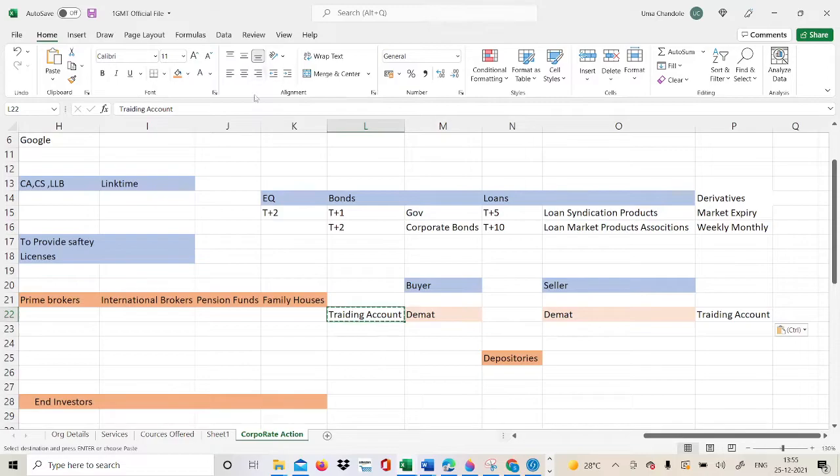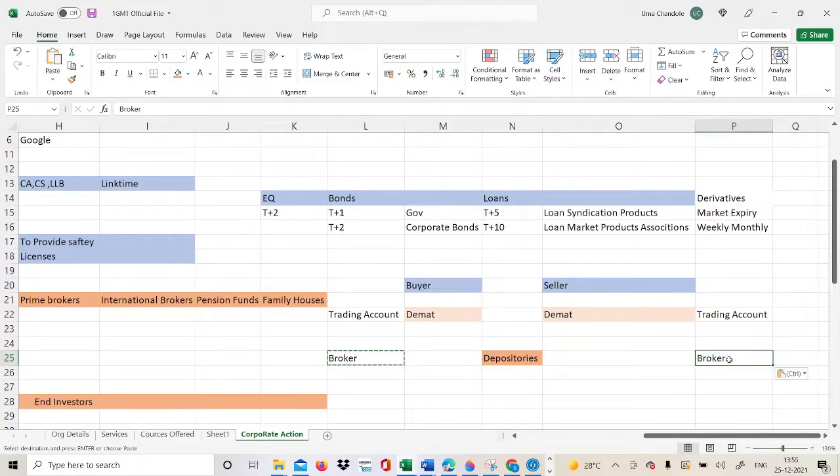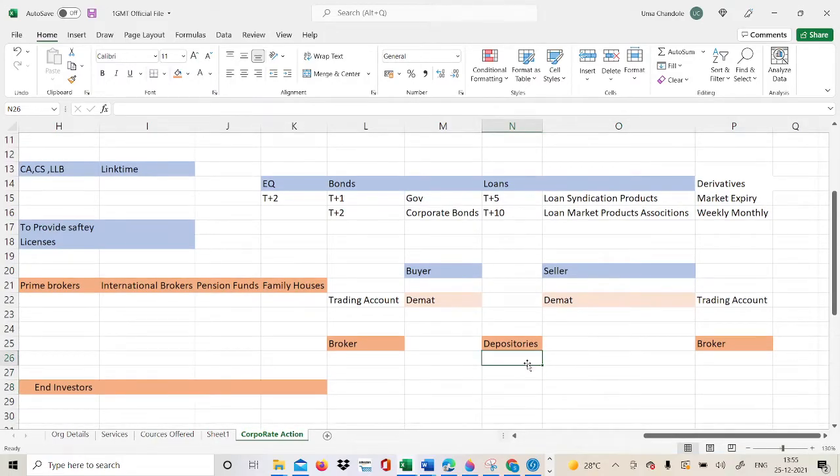One demat account and one trading account. The trading account would be with the broker, correct? Yes, CDSL, NSDL, or depositories. Or here you can select custodian also, because the positions will be transferred to the custodians.